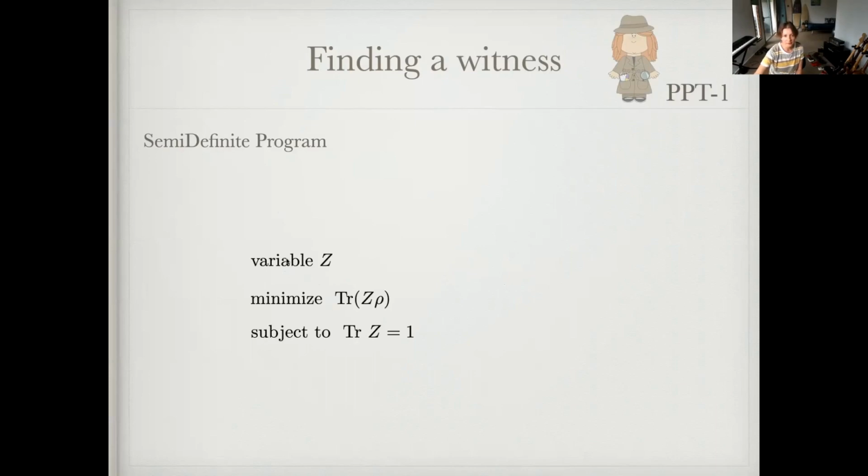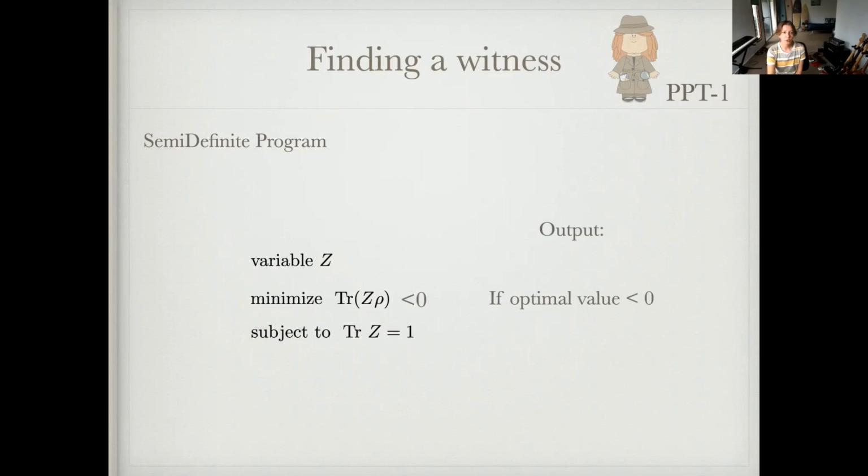What you write is that I have this variable Z, in the sense that it is unknown to me. Minimize the trace of this variable, this witness that you want to find, with the state, because we want to find something that is negative. This is just a condition to avoid infinities. And you run the problem.